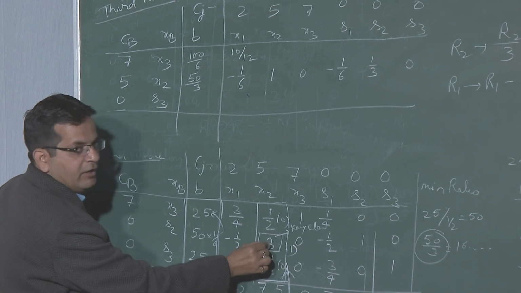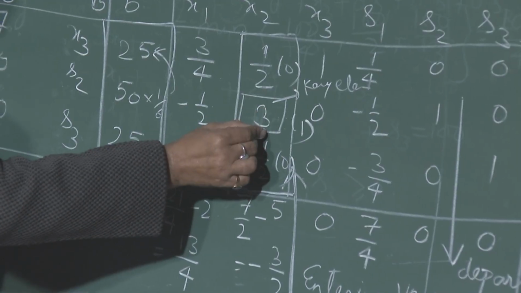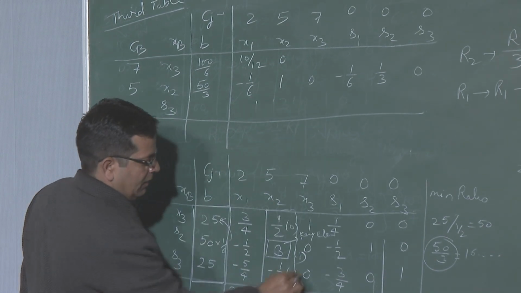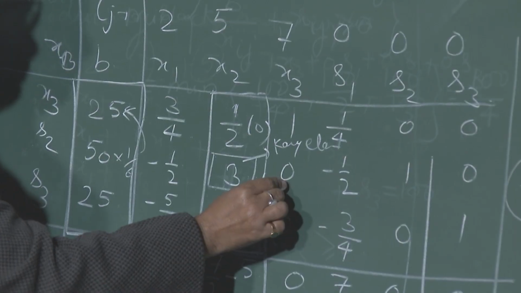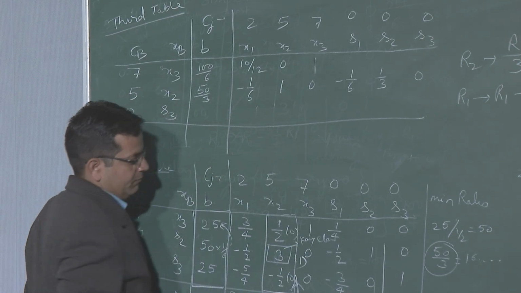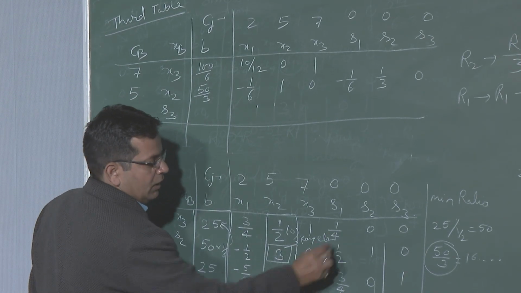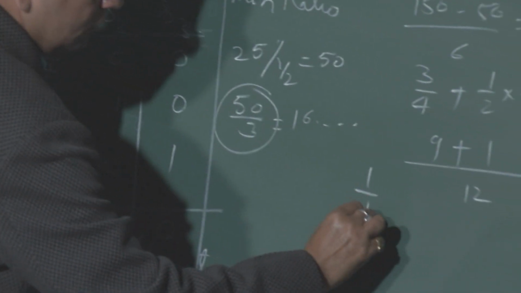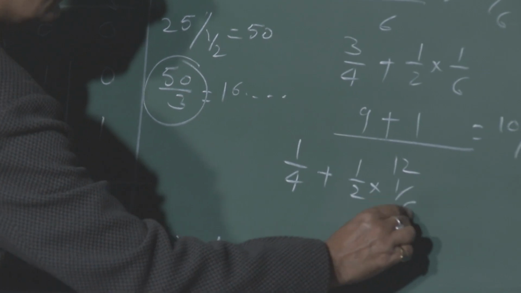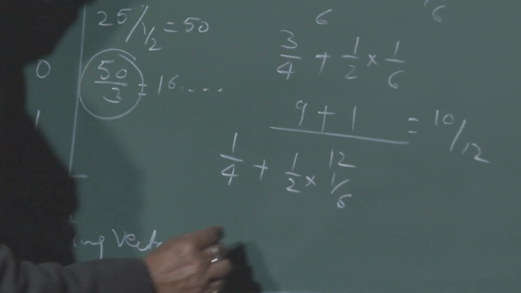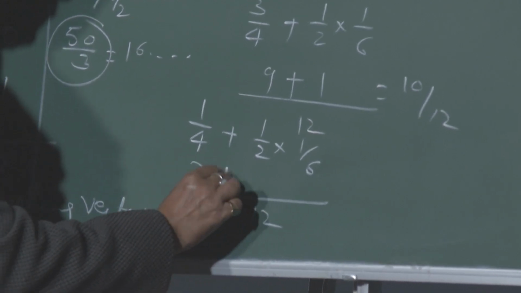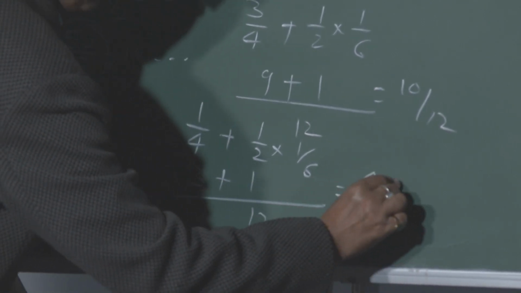This becomes, when we multiply it by 1 by 6, it becomes 1 by 2, subtracting it becomes 0. When I multiply this 0 by 1 by 6, it becomes 0, and when I subtract, it becomes the same. Now, 1 by 4 minus minus plus 1 by 2 into 1 by 6. When we take the LCM, LCM is 12. So, it is 3 plus 1, 4 by 12.